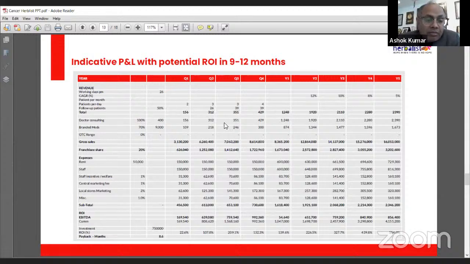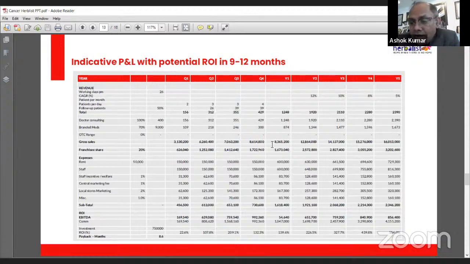There we have a doctor consultation that will be provided directly from the doctor at Cancer Herbalist, and then you have branded medicines that you need to sell. So 70% of these patients will buy your medicines. So you make total sales in year one of 8.3 lakh rupees.